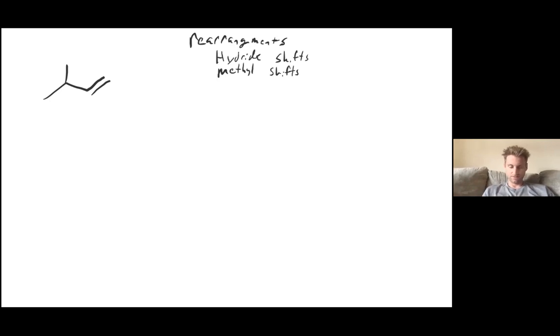As a review, there's three different options for hydrogens in this class. You can either have H+, and this is what we refer to as a proton. It is literally a proton with no electrons. That's all it is. That's why we call it a proton.